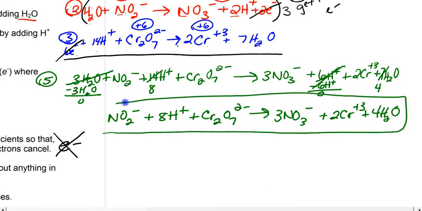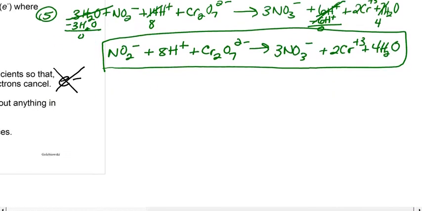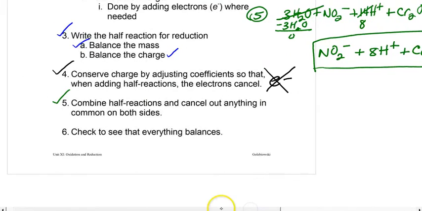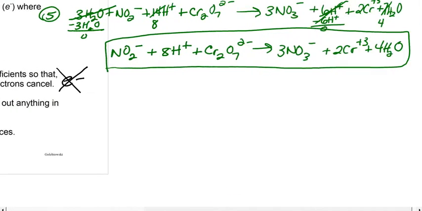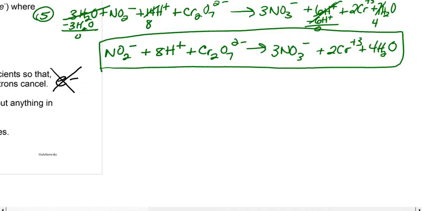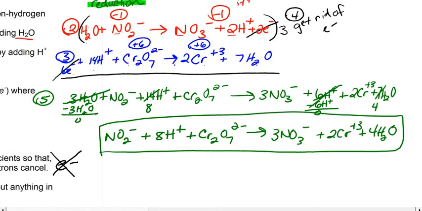The last thing to do, so let's go back to our steps, is to check to see that everything balances. Alright, the beautiful thing about this is we could always know that we're right. So you could get the answer right 100% of the time. Now look at here.